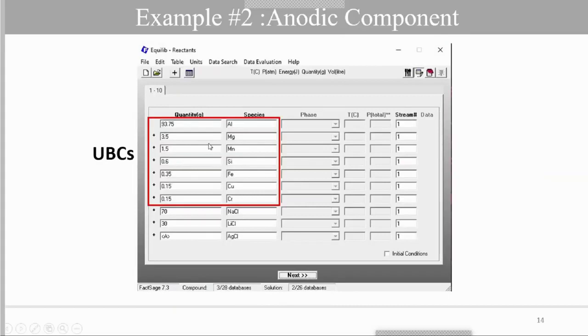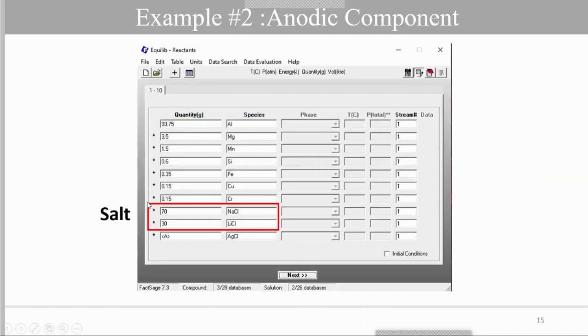What we're going to put in is, first of all, our UBCs or scraps. As you can see, I think it's a bit more concentrated in magnesium, but we can see the difference maybe another time. For the salt layer, I took a standard sodium chloride, lithium chloride salt. It's probably not what they use in the industry.